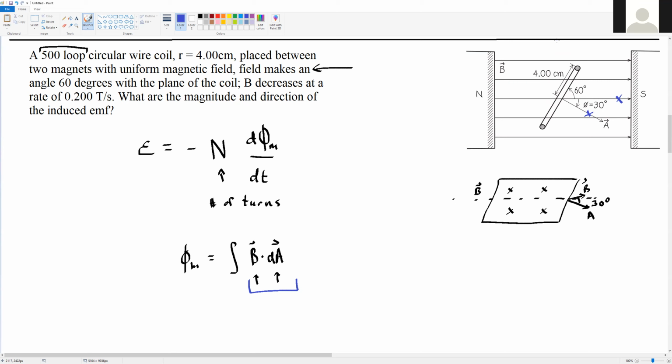This is slightly different from what I did in the previous example, but hopefully we're comfortable enough with the right hand rule to figure this out. The field is pointing to the right. If it decreases a little bit, it's still pointing to the right. My right hand rule tells me there should be a current with my thumb pointing to the right, coming out at the top and going in at the bottom of the loop.